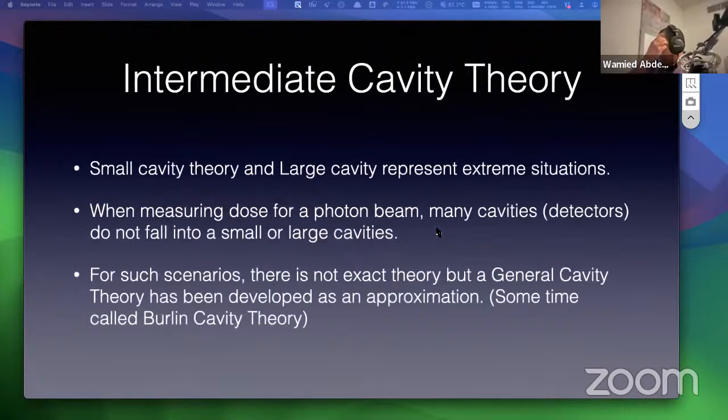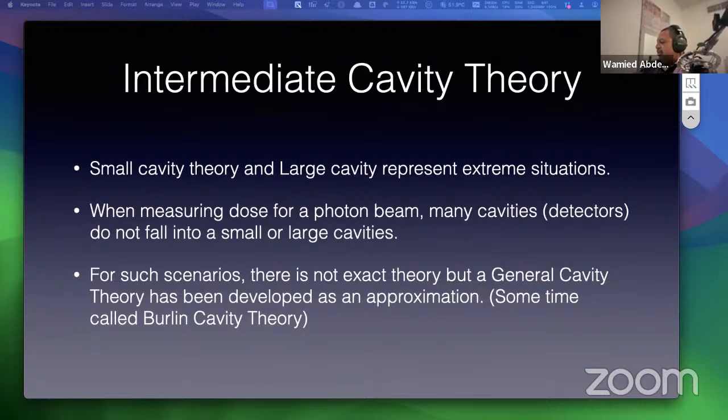So now the intermediate cavity theory. The small and large cavity theories represent two extremes. In reality, when we measure doses for a photon beam, many of these cavities or detectors do not fall into a pure small or a pure large cavity.